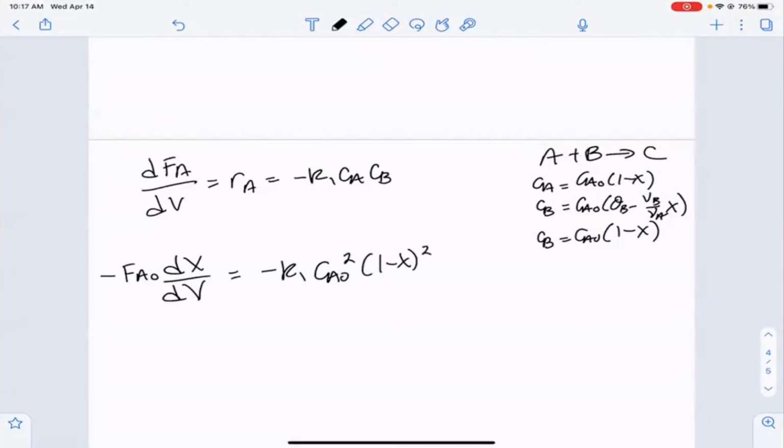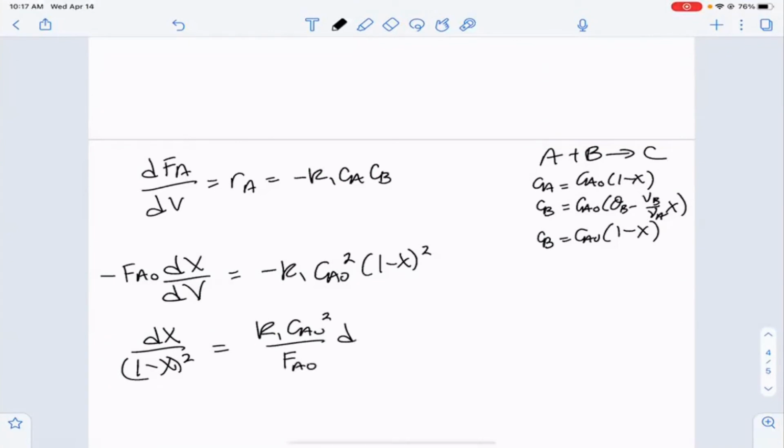And we can reorganize this equation a little bit, and we get dX over 1 minus X squared is equal to k1 times Ca0 squared over FA0 times dV.